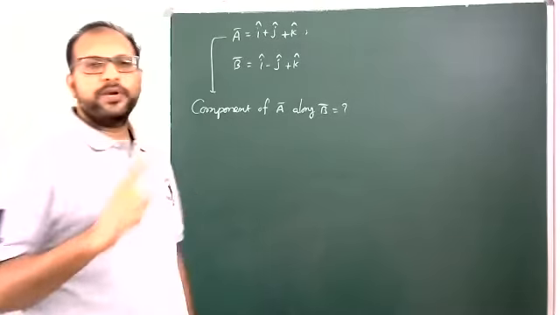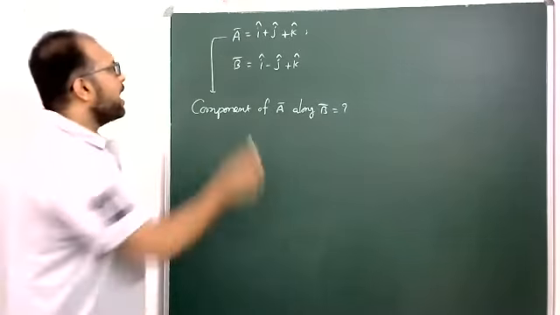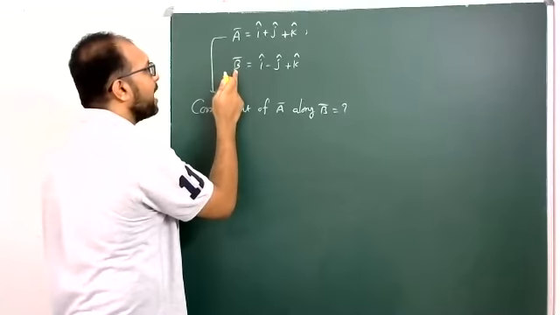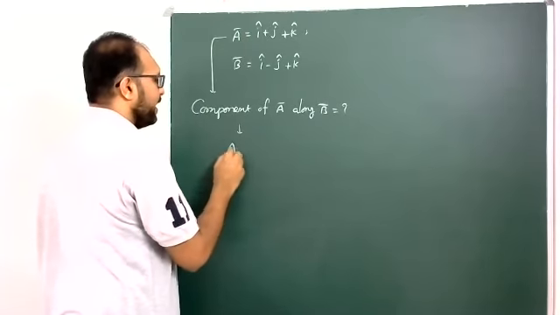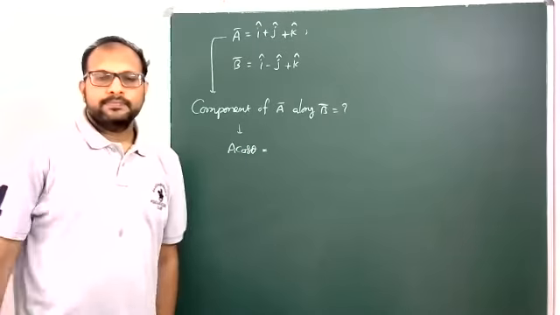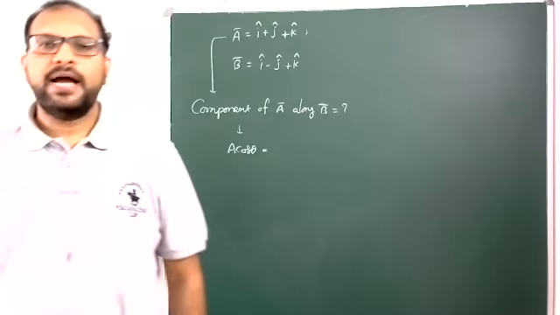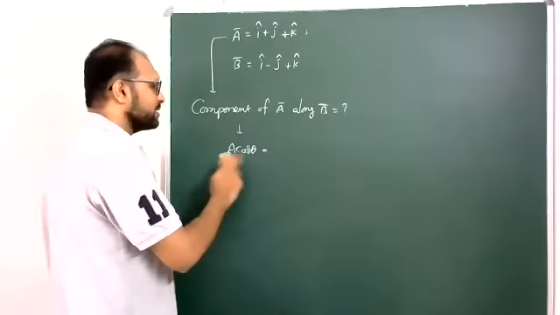But already students, we know from the resolution of a vector concept, the component of A bar along B bar is nothing but A cos theta, right? So our target is A cos theta.